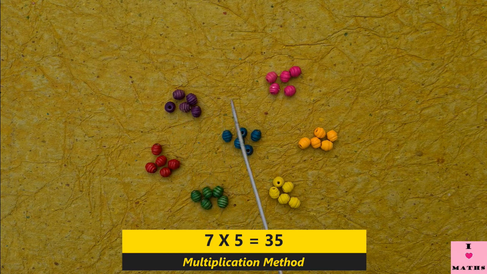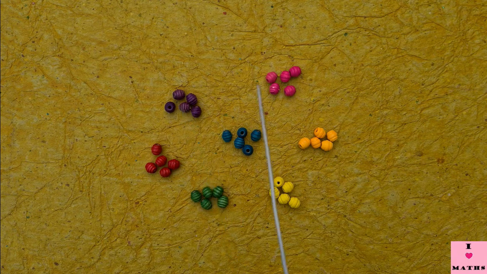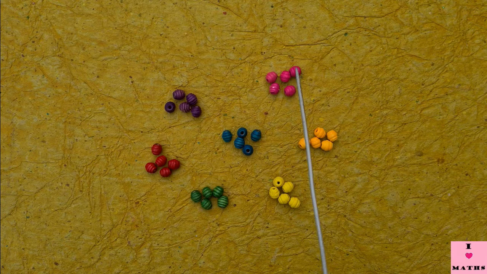7 5s are 35, right? So all of you know the tables of 7, so you can make out that 7 5s are 35. So if you are told to count these beads, you are going to do it like this. Every bunch or every color has 5 beads.